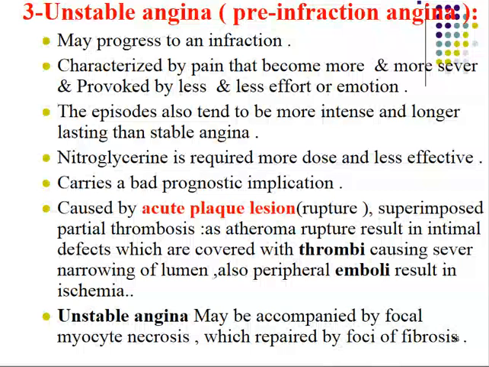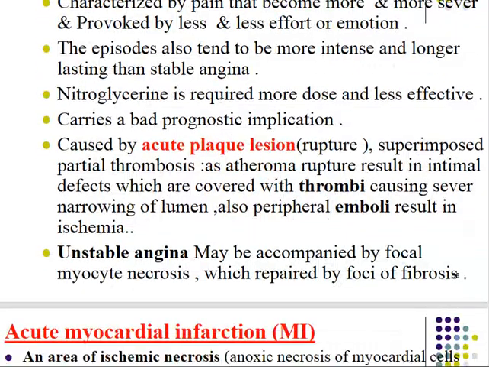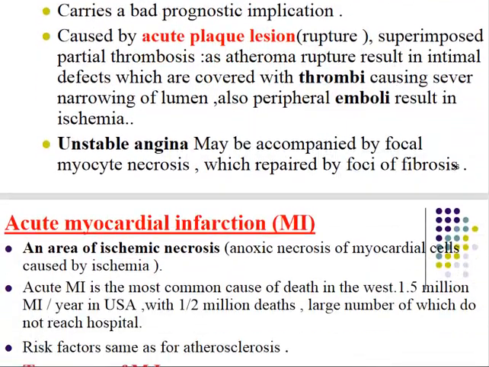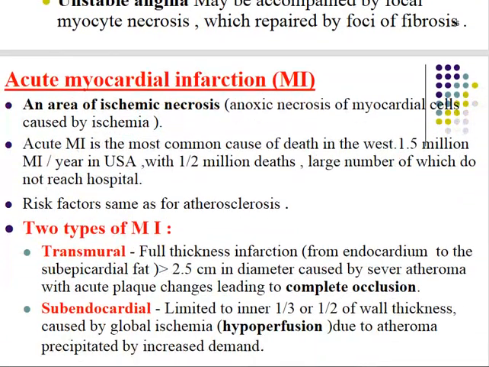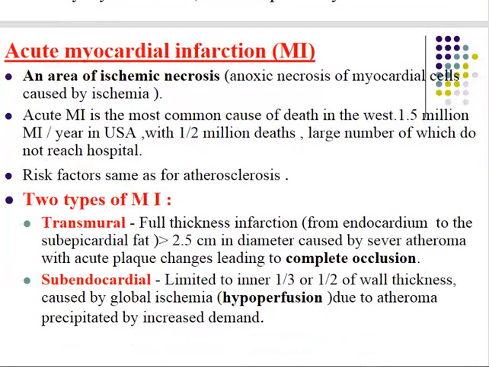So that is very essential pathology regarding the differentiation from other types of angina. These three types of angina may later on progress toward myocardial infarction. So stable angina, vasospastic angina, and unstable angina can all pass, with time, to the condition we name acute myocardial infarction.